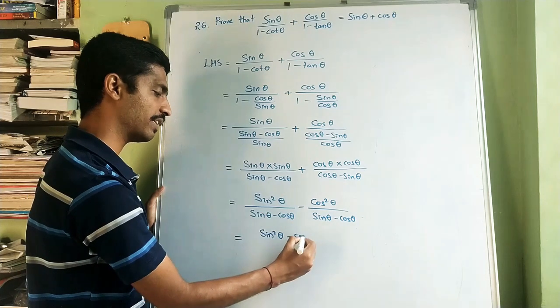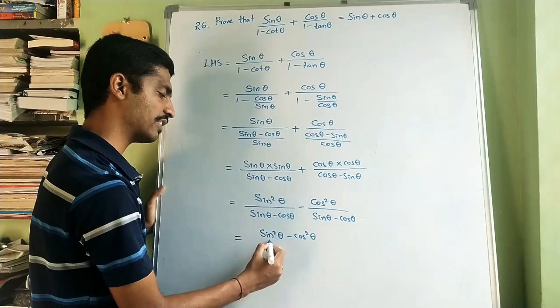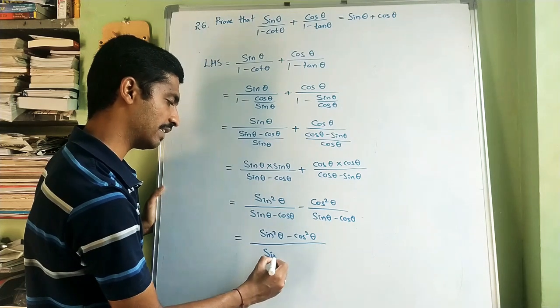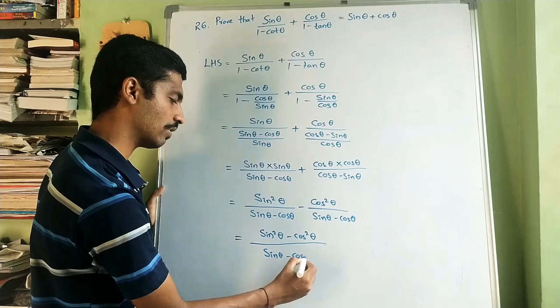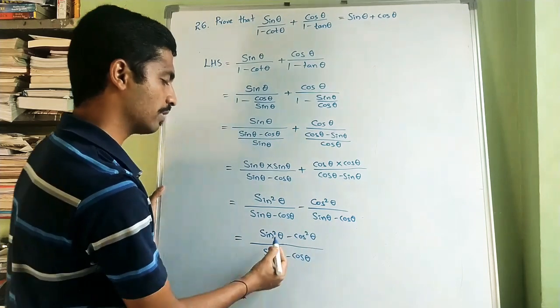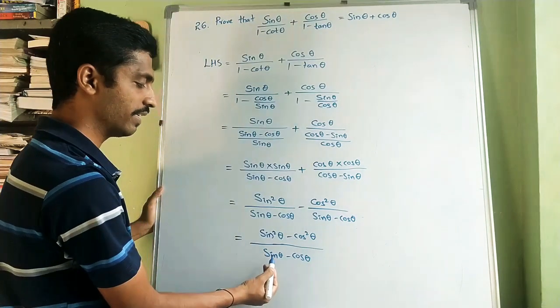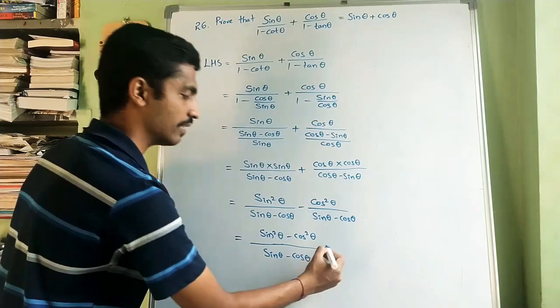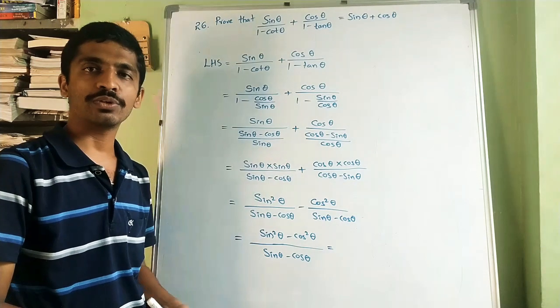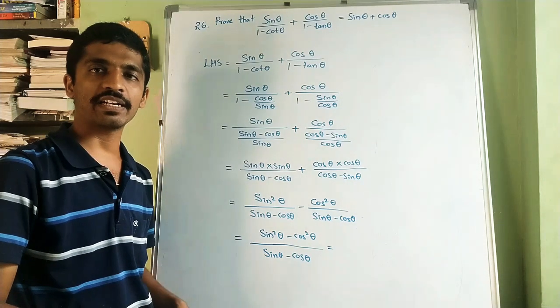So directly you can subtract: sin square minus cos square whole divided by sin theta minus cos theta. See, sin square minus cos square. So recall your algebraic identities.